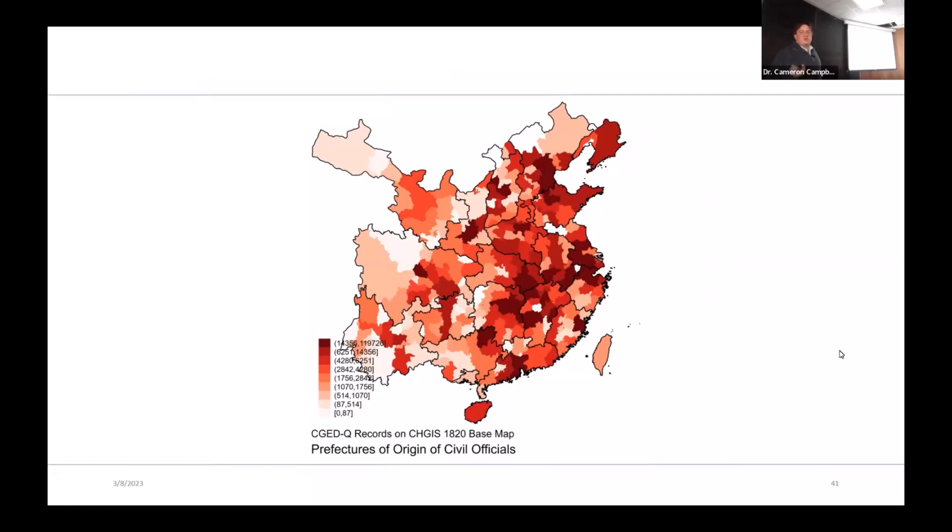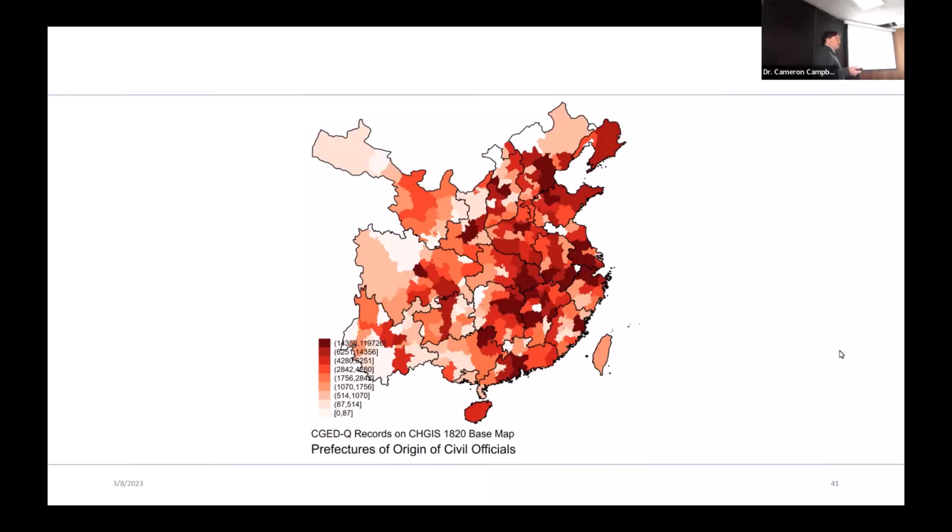The geographic origins of officials, that's pretty easy to do. If you know much about China, it's pretty much what you would expect. So a lot of spatial inequality, even with quotas. There were caps or quotas by province.